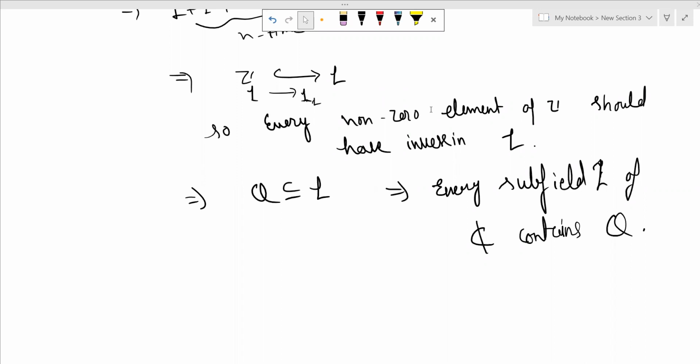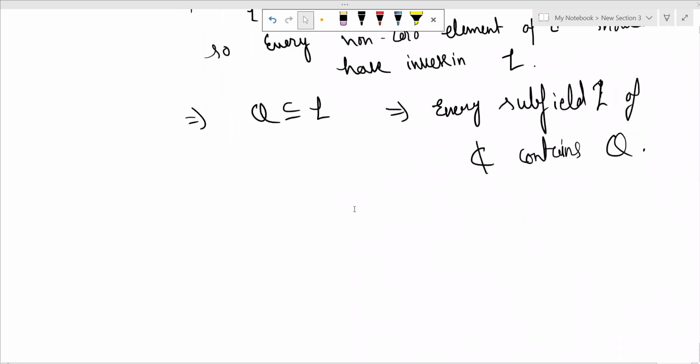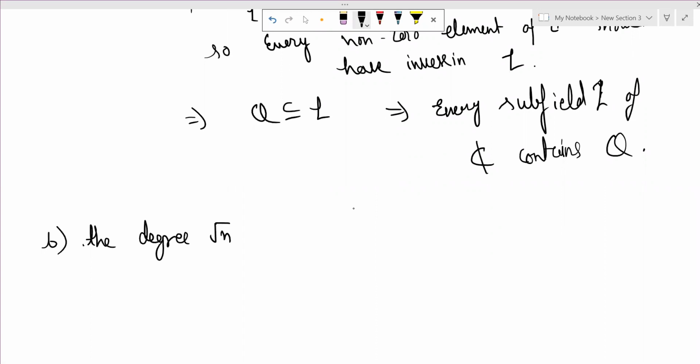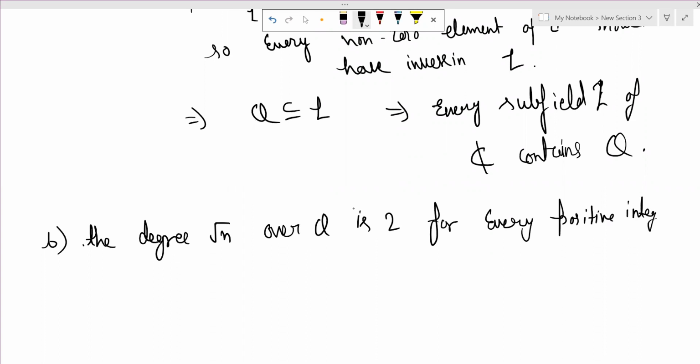Okay. The degree of square root n over Q is 2 for every positive integer n. B option is saying the degree of square root n over Q is 2 for every positive integer n.